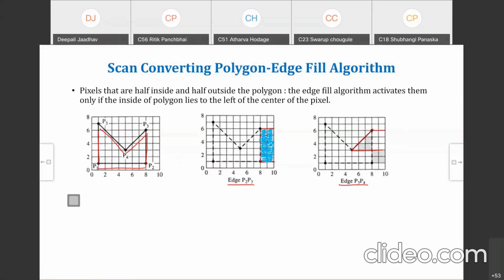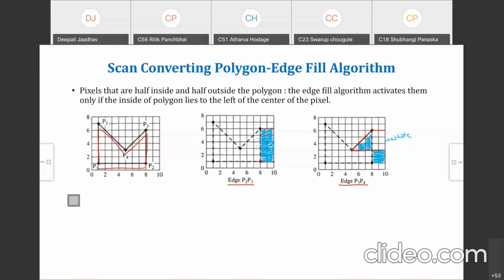Okay. Now what happens? These now become white color. Why? Because these are complemented. And these three are white color, background color, so these remain as they are. Now what about these three? These 3 pixels are half inside and half outside of the polygon.